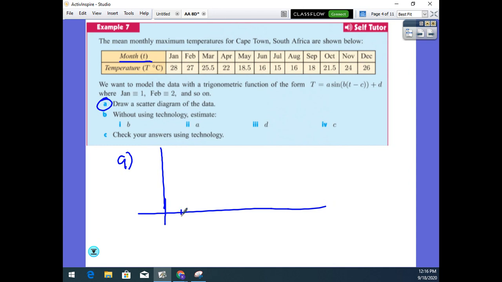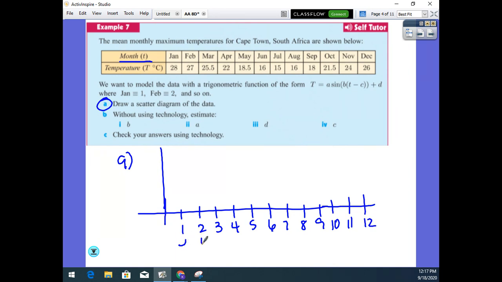So we got 1, 2, 3, 4, 5, 6, 7, 8, 9, 10, 11, 12. So that's our December. This is the month of January, from January 1 to January 30th. And you can also, if you want, write January, February underneath, if that makes more sense. Okay, and they kind of explain that.